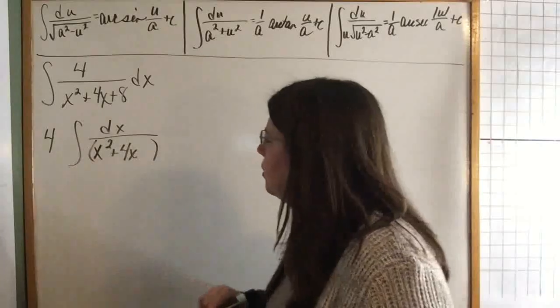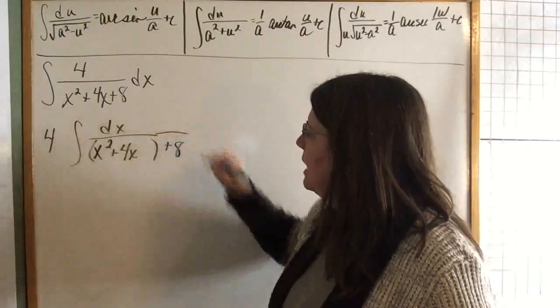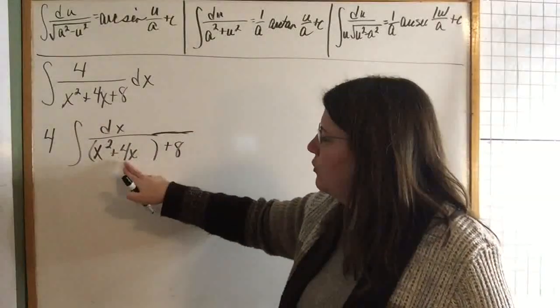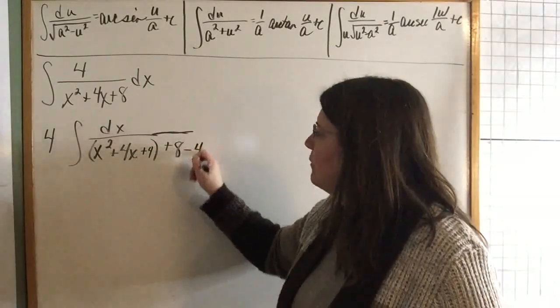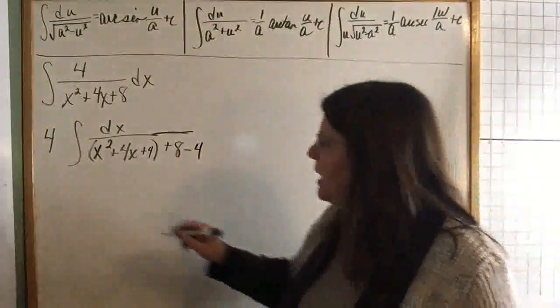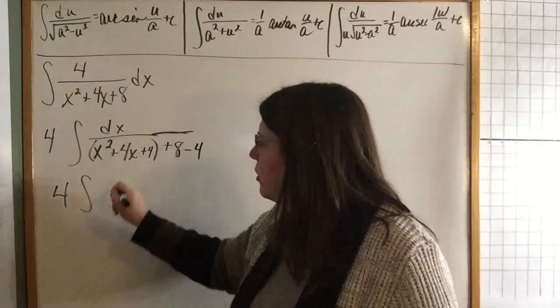I'm going to leave a little blank space there, have the plus 8, and if I complete the square, half of 4 is 2, and 2 squared is 4, so I'm going to add 4 here. I'm going to subtract 4 to offset that so that I've just added 0. And then I'm going to rewrite that as perfect squares.